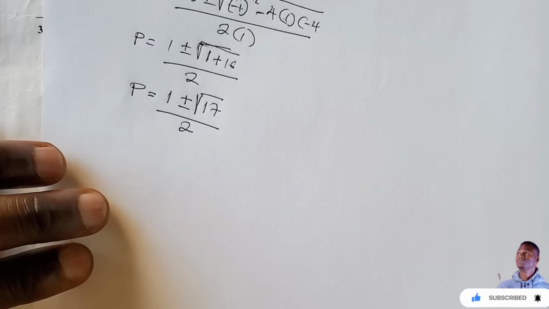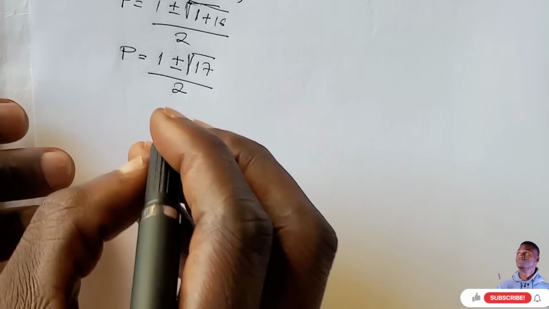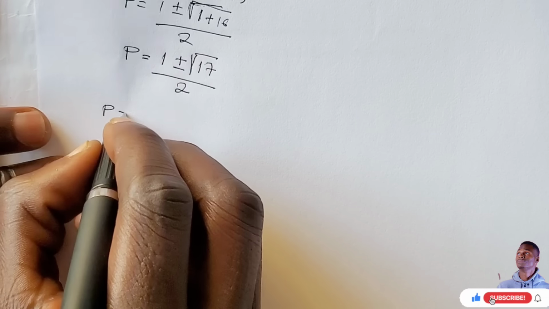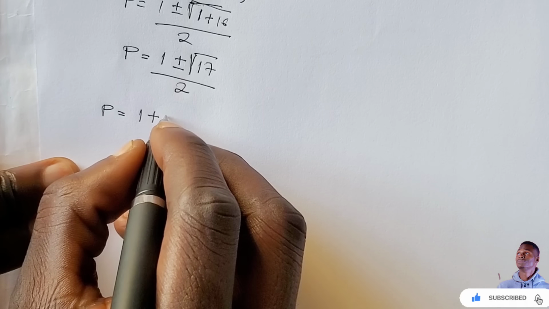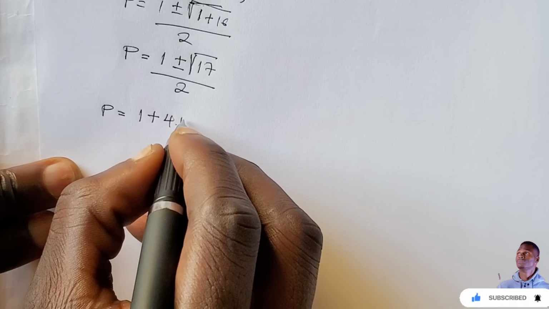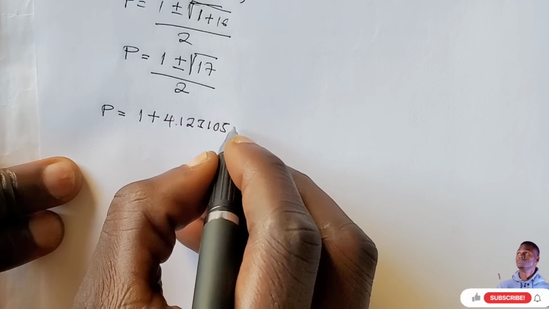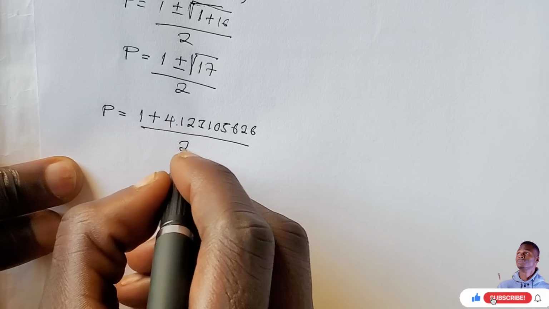When you reach here, what is the square root of 17? Be careful. Here you're going to say p is equals to 1 plus 4.123105626 over 2.